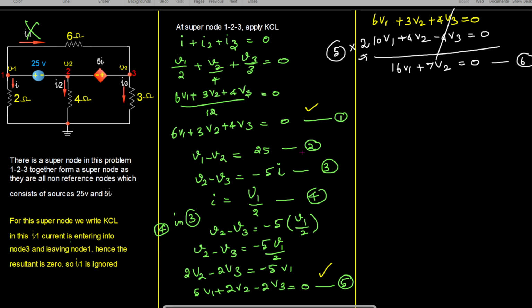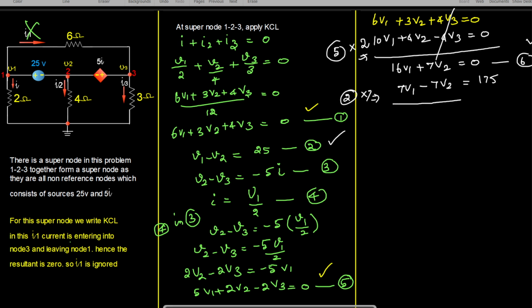Now compare the second equation and the sixth equation, in which we have V1 and V2 as variables. I am going to multiply the second equation by 7, so I get 7V1 minus 7V2 equal to 175.